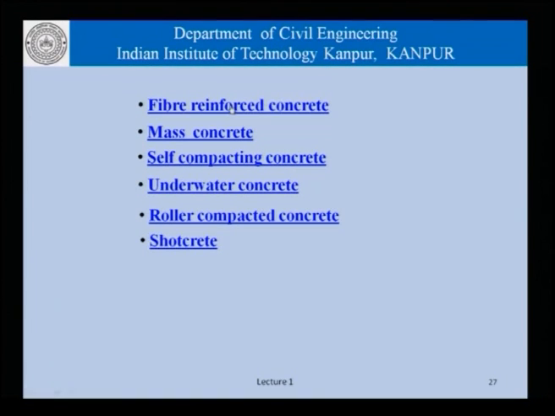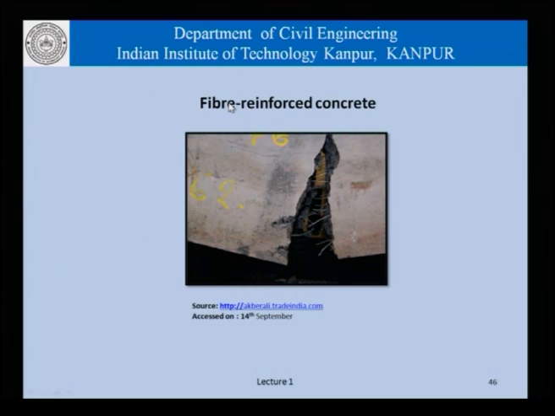Now let us look at fiber reinforced concrete, for example. I am not sure whether the picture is very clear, but what is shown is the fibers that are sticking out between the two fractured faces of concrete, and that is what makes this concrete special.